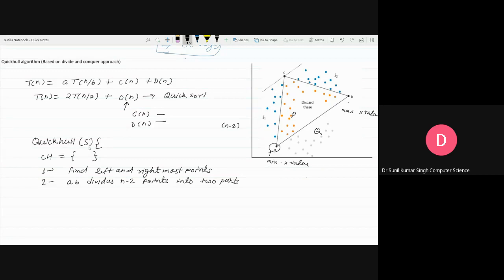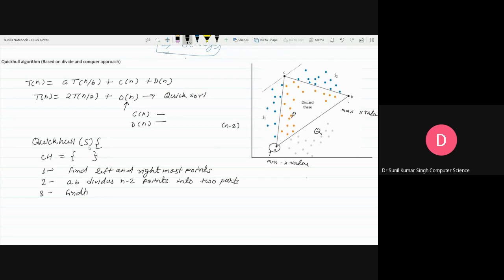And then in the third step, we have to pass the set of points and the selected points. So find hull is another function.